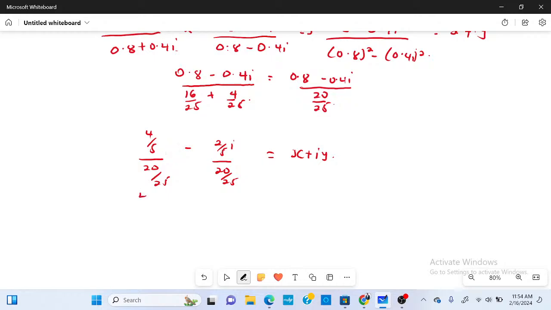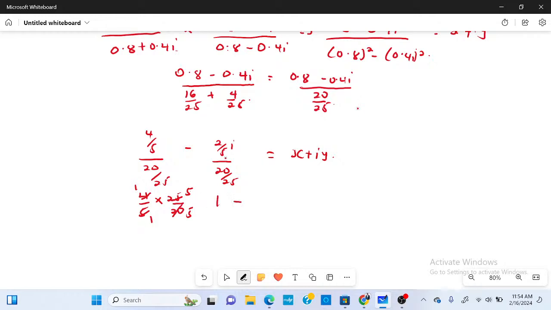So this is 4 on 5 times 25 over 20. 5 goes into itself 1, and 5 goes into 25 five times. 4 goes into 20 five times. So 5 and 5 will cancel to give us 1. So I'm simply going to get 1 minus.